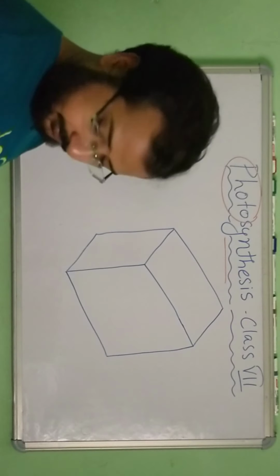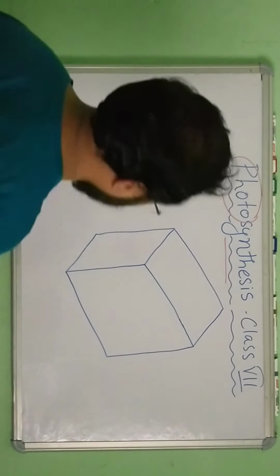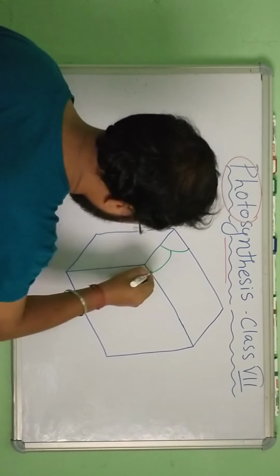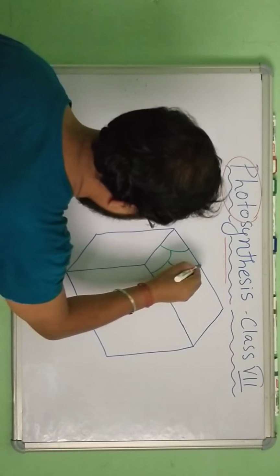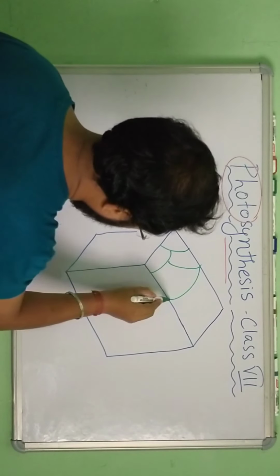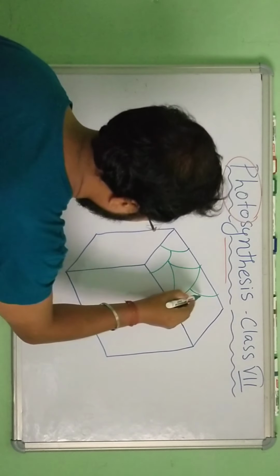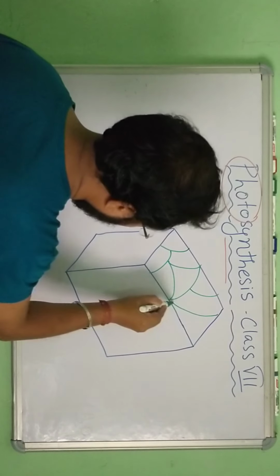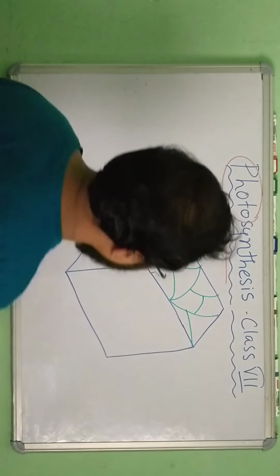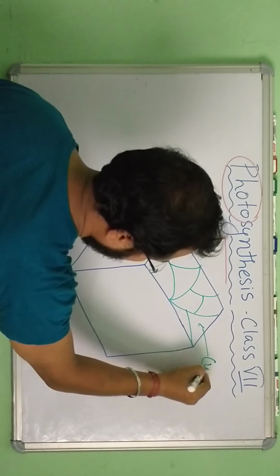Now I am going to use a separate color so that it will be easier for you to understand. At the upper surface, this is what I have drawn here, known as the cuticle.